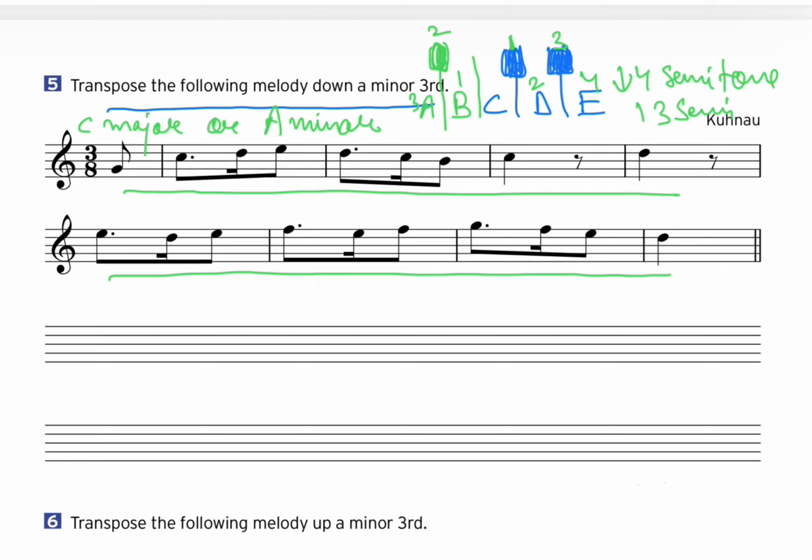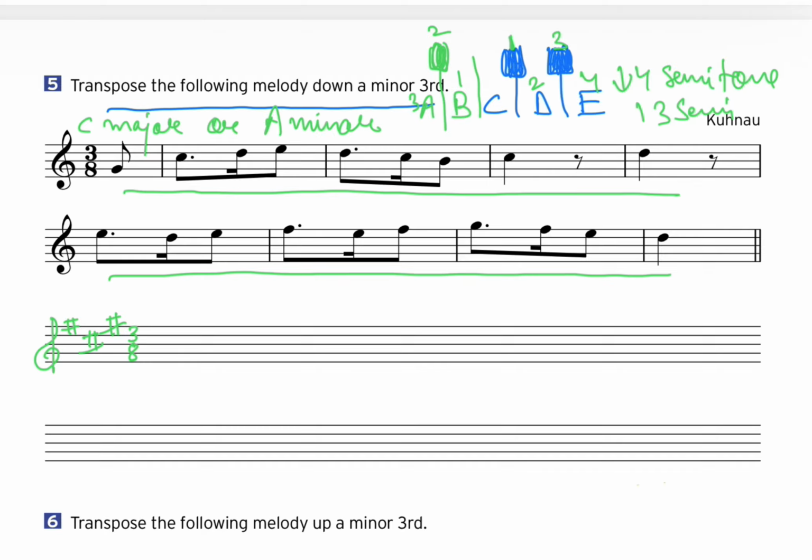Now for the A major scale, the key signature is 3 sharps. Let's write it down. First we make our treble clef, then 3 sharps, that will be F, C and G, then the time signature 3/8. Now let's transpose it down.